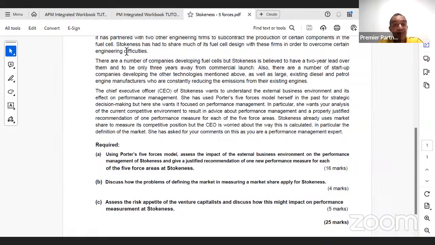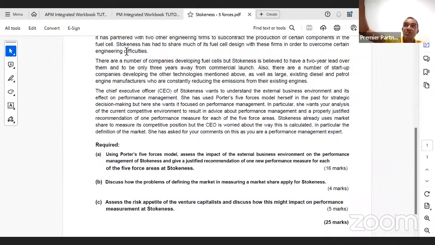Industry profitability or industry attractiveness, according to Porter, depends on 5 factors or 5 forces. Now, what are these 5 forces? Bargaining power of customers, bargaining power of suppliers, threat of new entrants, threat of substitutes, and finally, competitive rivalry, competitive environment or rivalry, you can say.